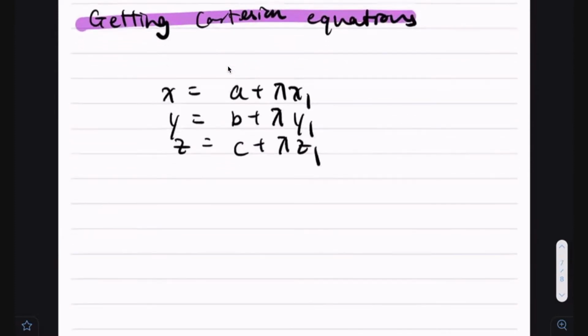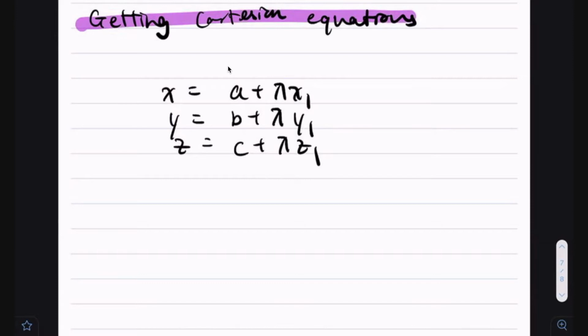So how can we use the parametric equations to find our Cartesian equation? Well, essentially, all our parametric equations depend on this value of lambda. So if we want to equate them all, we should isolate lambda.